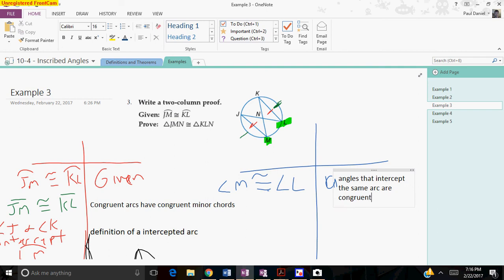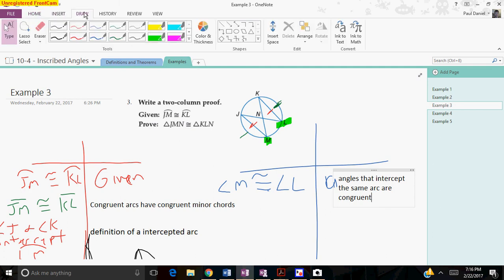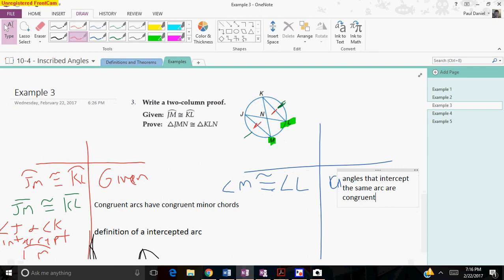And by the way, I'm going to use this same logic to get the fact that those other two angles that intercept the same arc are also congruent. That would be angles J and K.